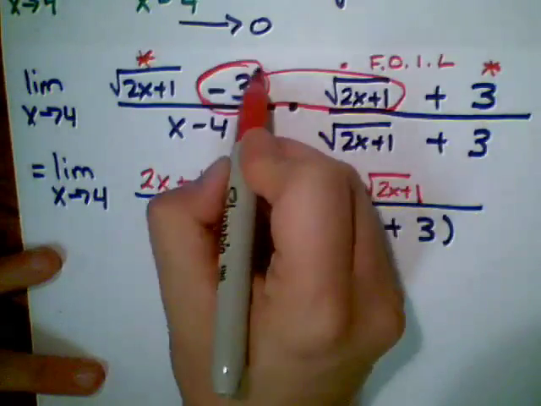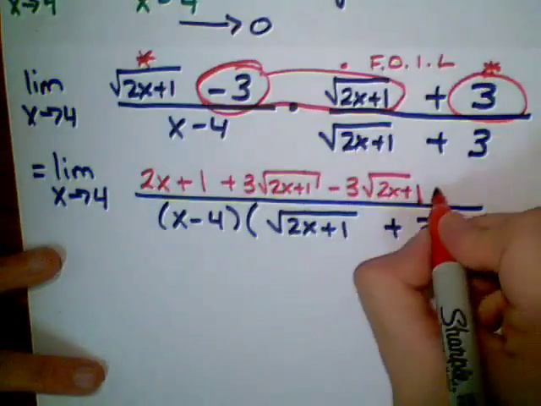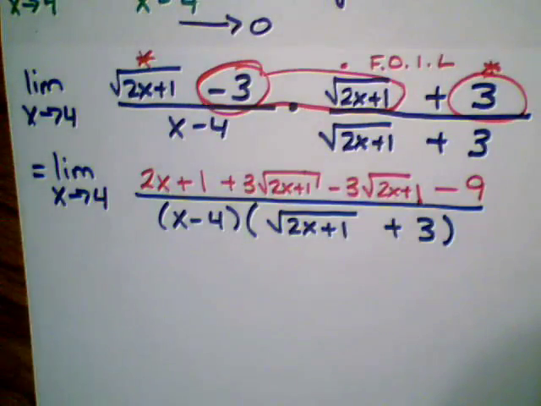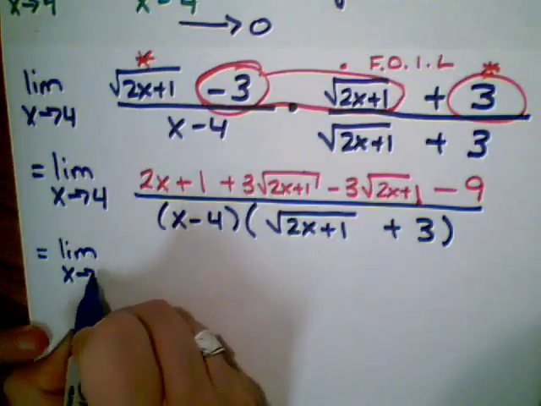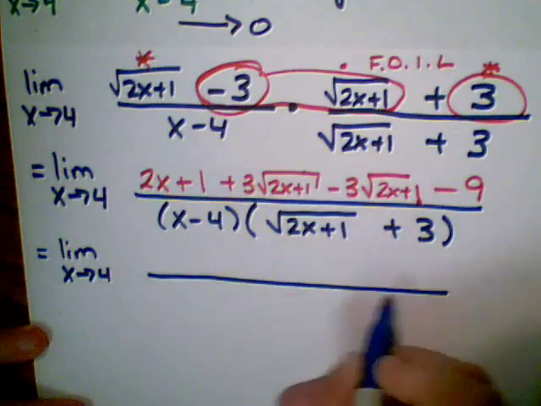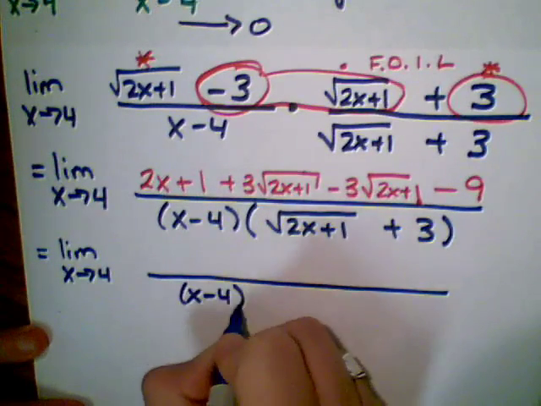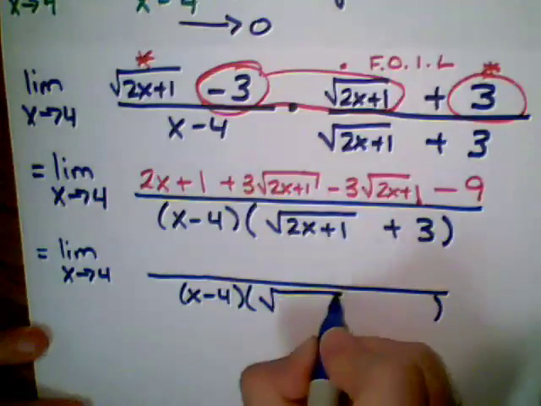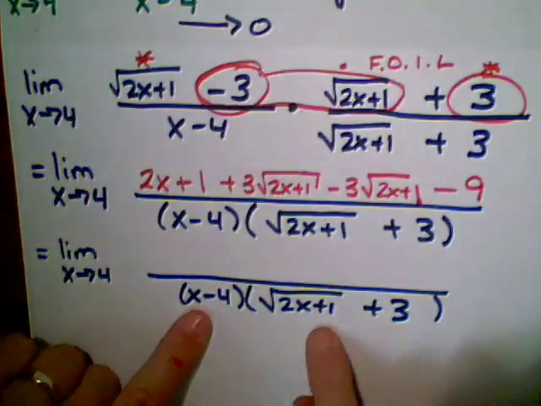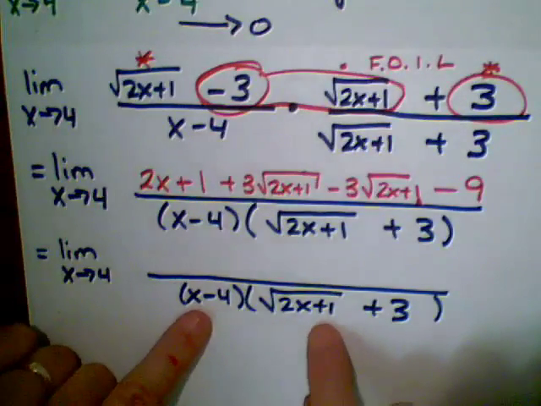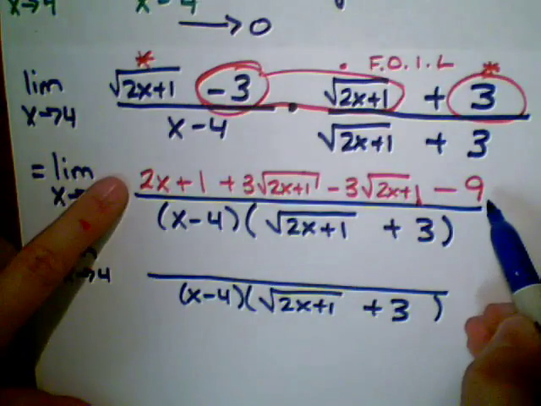And last of all, I'll take the product of the last terms, which will give me negative 9. I want to simplify the numerator and see if I might have any common factors, top and bottom. Again, from experience, I'm going to leave my denominator alone with these 2 big factors. I'm going to concentrate on the numerator.